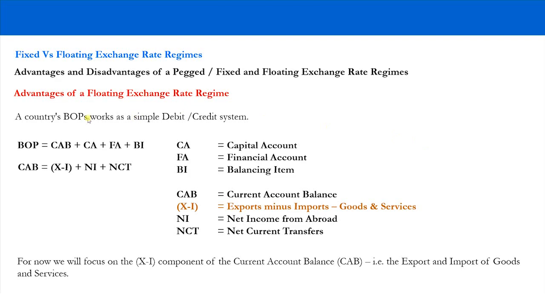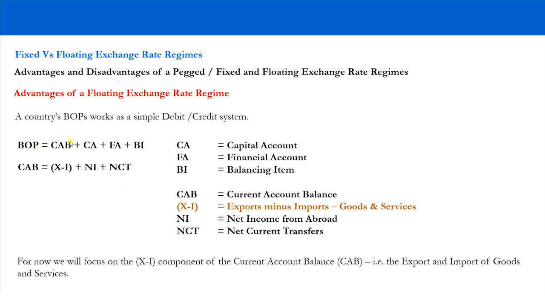But this is how the balance of payments of a modern economy is made up. We basically have a few components that are important. We have the current account balance, the CAB, and the CAB is exports minus imports, and that's for all goods and services, plus the net income from abroad, plus net current transfers.